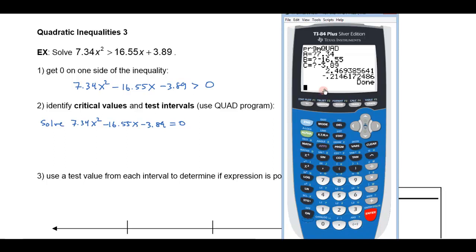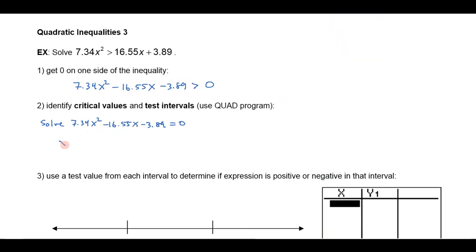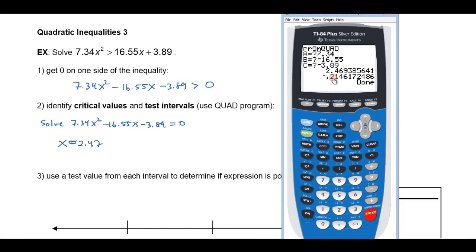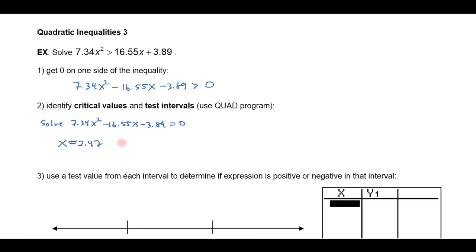Okay, so I know that my critical values are going to be about 2.47. Let's just round to the nearest hundredth here. So x is approximately 2.47, it's not quite exactly that. And the other one is about negative 0.21.